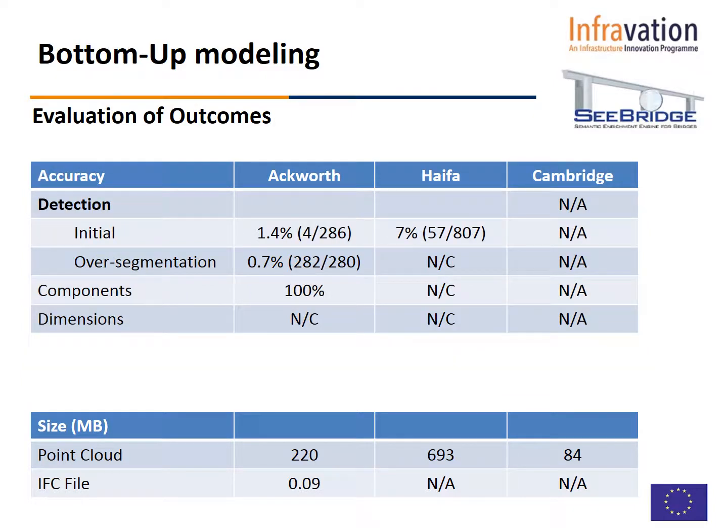What about the accuracy? We haven't really been able to fully explore the accuracy, but what we have been able to explore is how well the surface detection part works. What this shows is that the Ackworth bridge had 4 out of the 286 component surfaces that were identified that needed to be thrown away or merged with another surface.